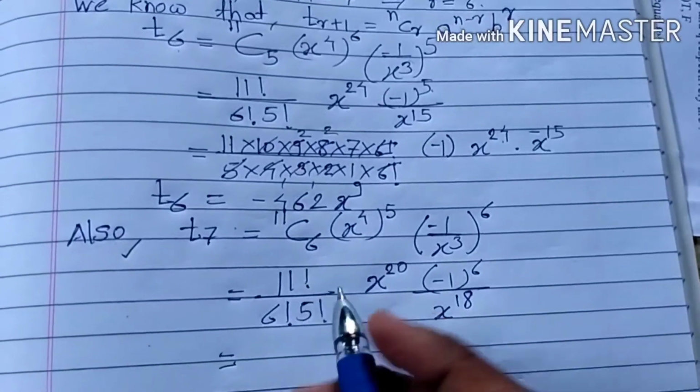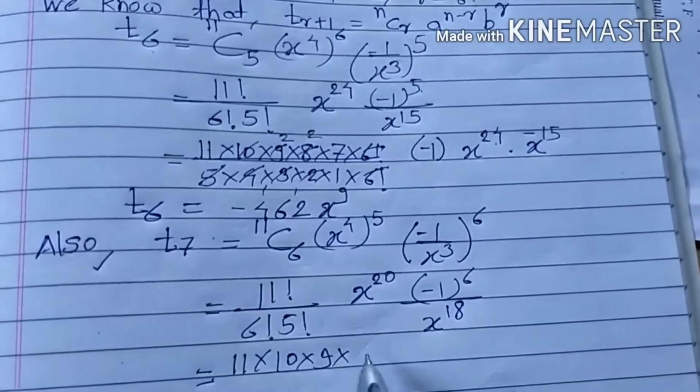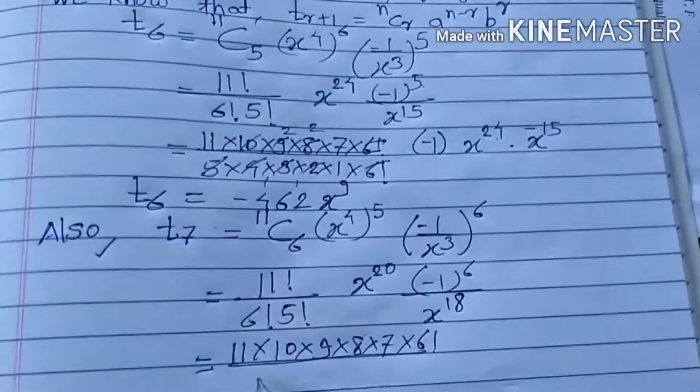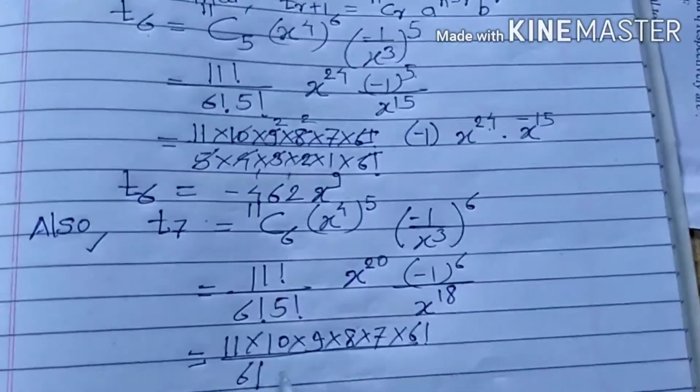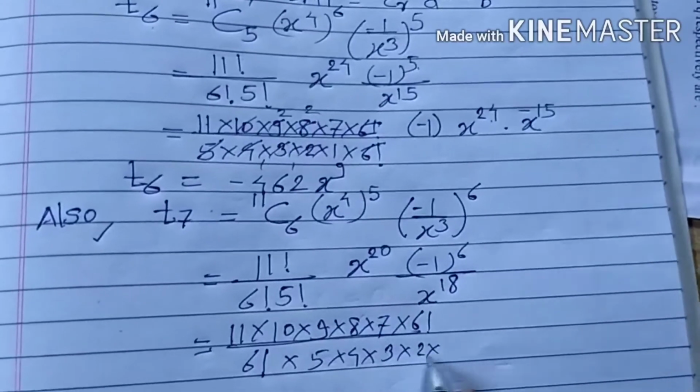So same, here we use 11 into 10 into 9 into 8 into 7 into 6 factorial, and here also 6 factorial into 5 into 4 into 3 into 2 into 1.